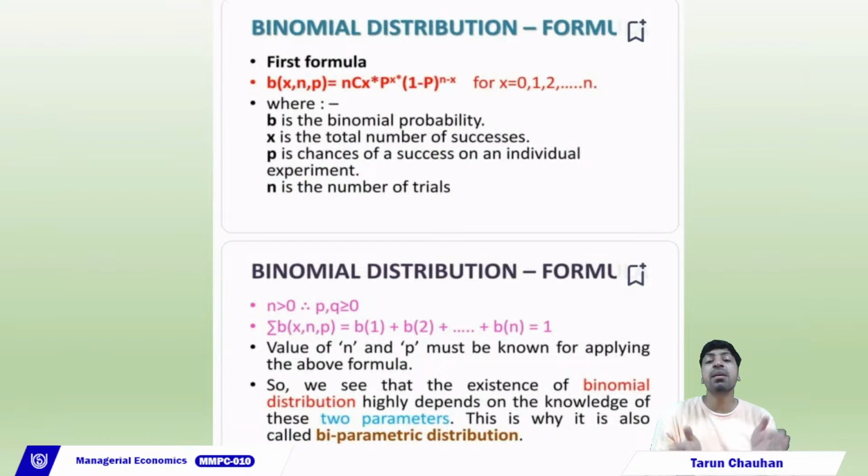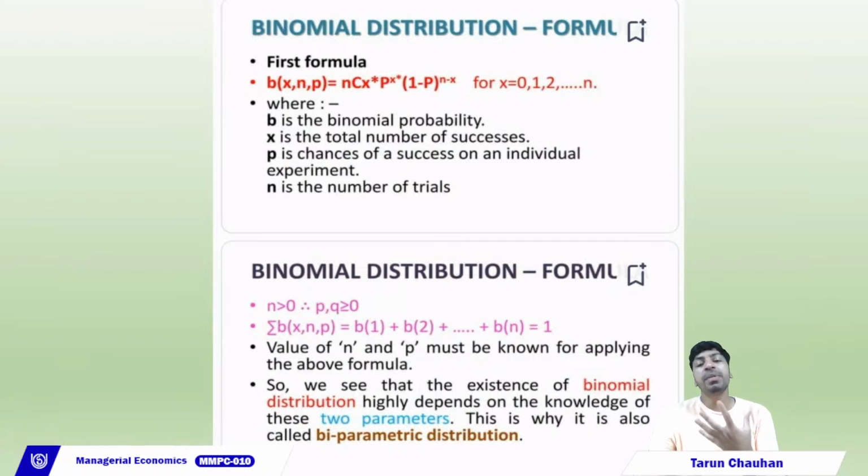As I already told, the summation of success and failure is equal to 1. From that concept, there is another formula of binomial distribution: whatever the limited number of trials conducted, once you get the probabilities of those trials and add those values, it should be equal to 1. This is another conceptual, or theoretical, formula.